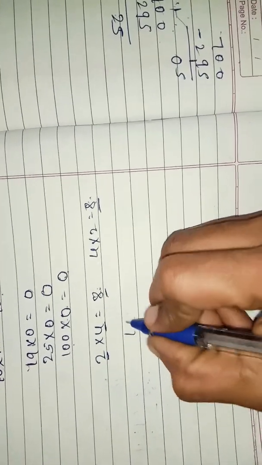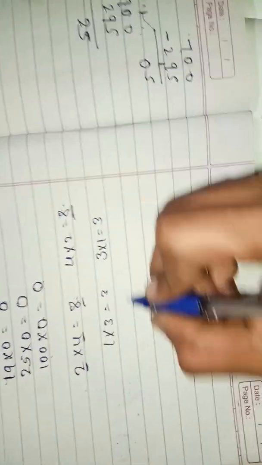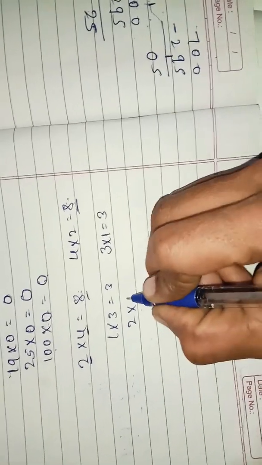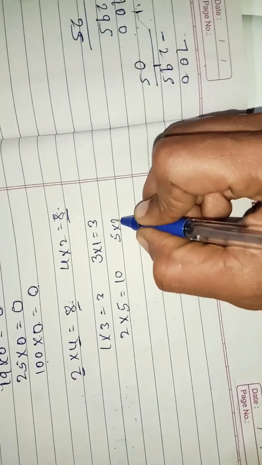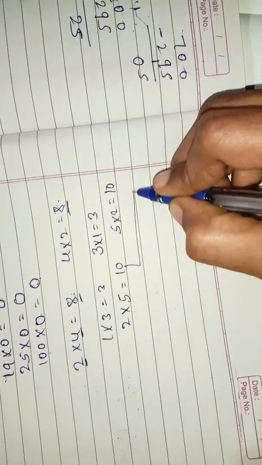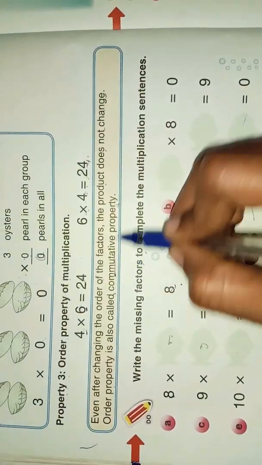Or 1 into 3 is 3, or 3 into 1 is 3. 2 into 5 is 10, or 5 into 2 is 10. The product does not change. That is the commutative property.